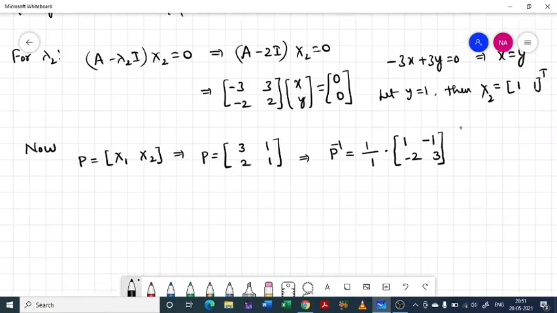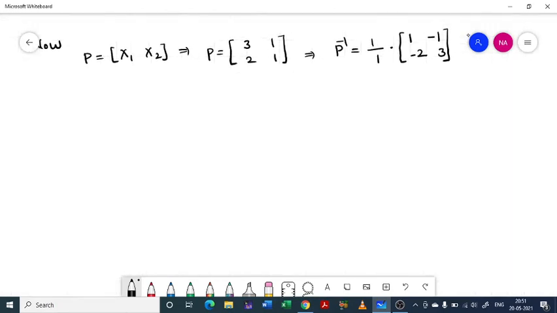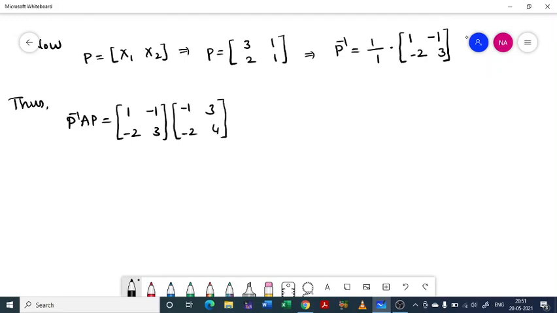Thus P inverse AP equal to, P inverse is 1, minus 1, minus 2, 3. A is minus 1, 3, minus 2, 4 and P is 3, 1, 2, 1.